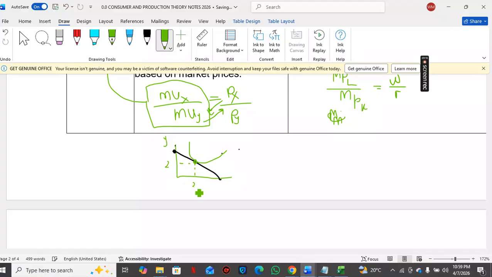For example, if it's 2 here and 3, where the indifference curve IC touches the budget constraint BC, this gives you the optimum bundle, the best combination of the goods that will give you the most satisfaction.